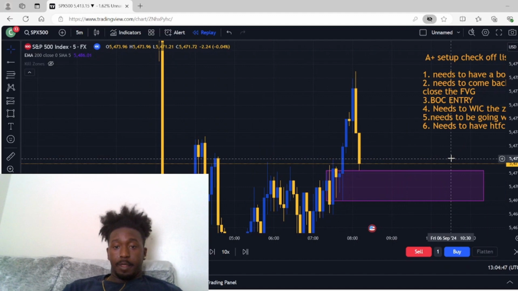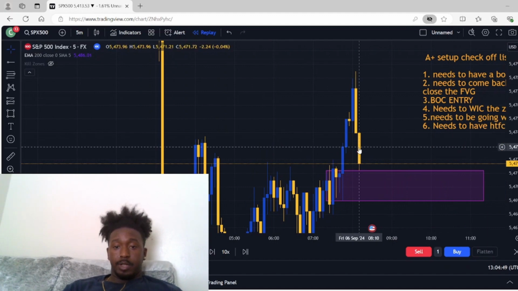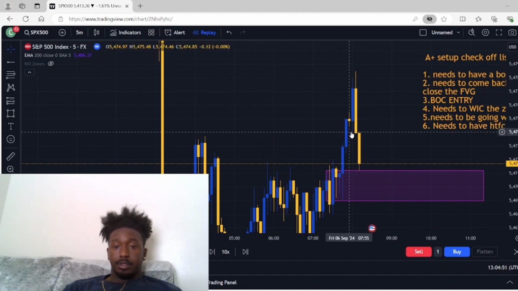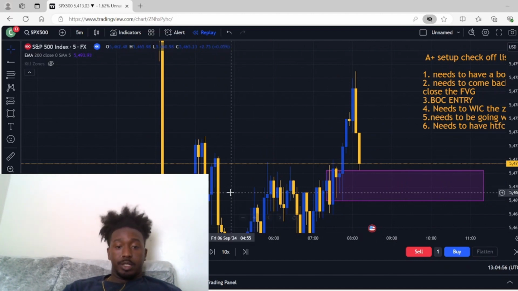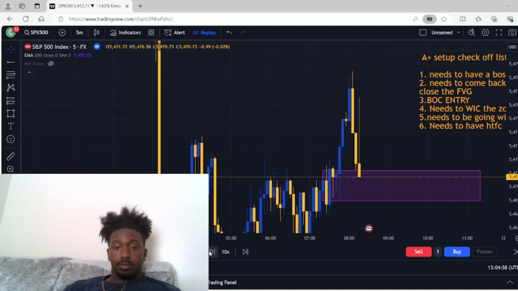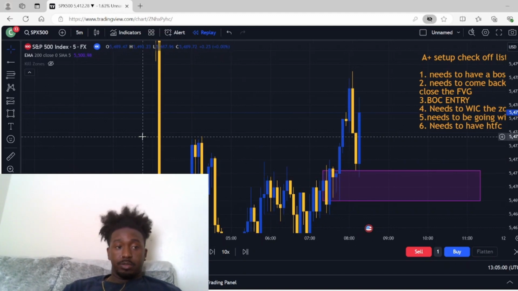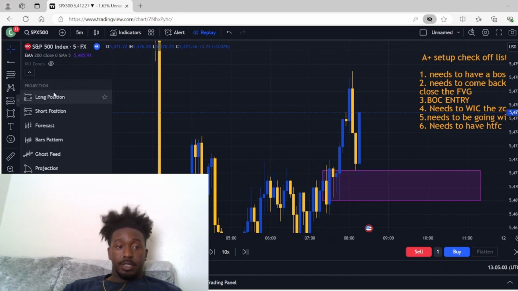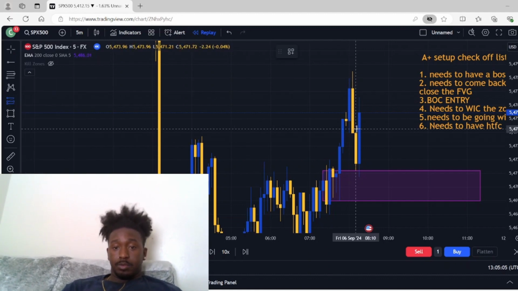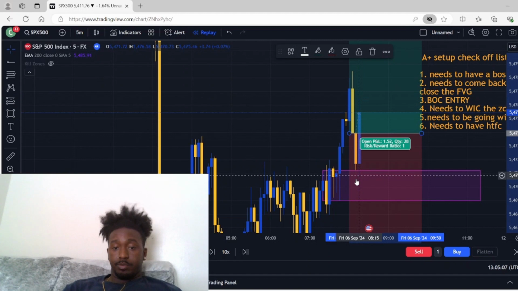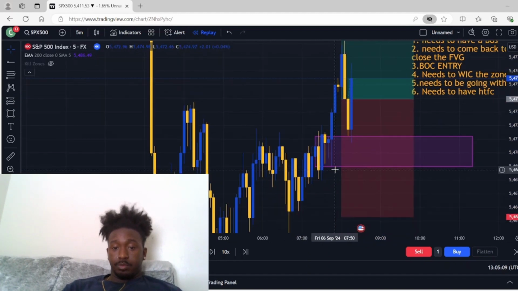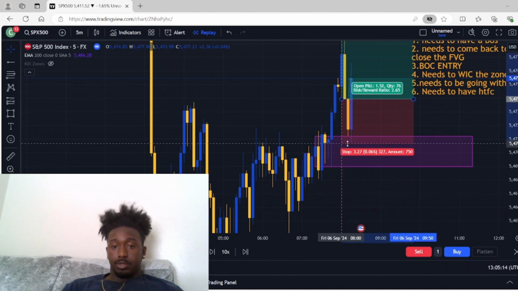So I would be looking right now for this high right here to be broken. And it gave me that initial break candle. I got in right around here. Stop loss was right up under this low right in here.